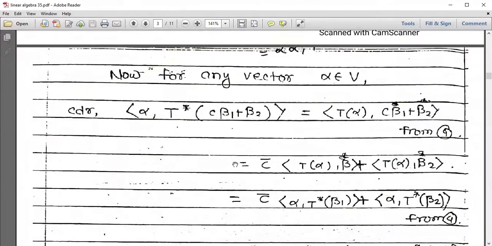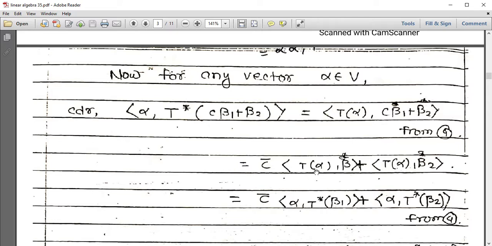Hence, by the linearity property of inner product space, c comes out as c bar outside the inner product, and we get c bar times the inner product of T of alpha with beta 1 plus the inner product of T of alpha with beta 2, which is nothing but c bar times the inner product of alpha and T star of beta 1 plus the inner product of alpha and T star of beta 2.